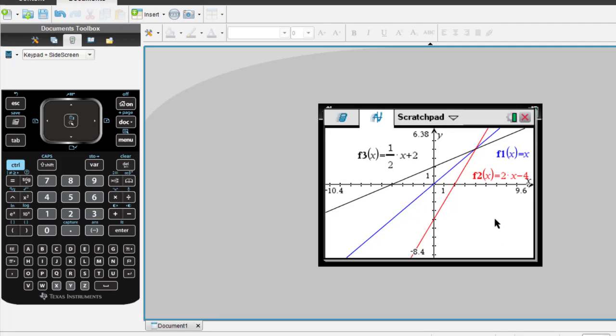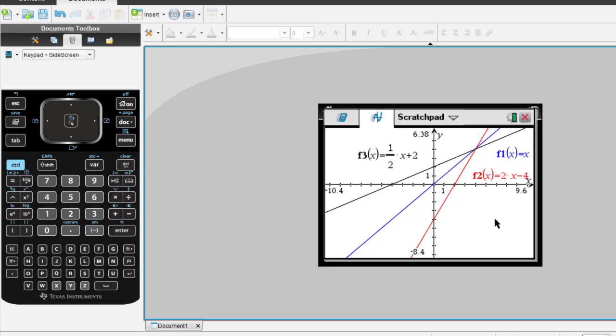If we reflect any given point from the original function, the red one, across y = x, we end up on a point of the other graph, which is the inverse function.